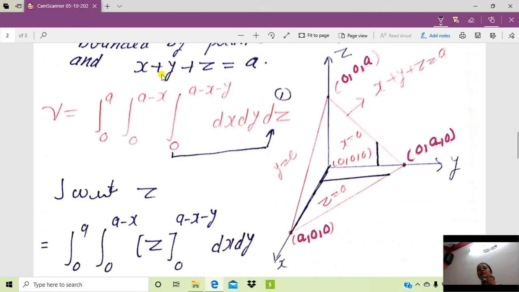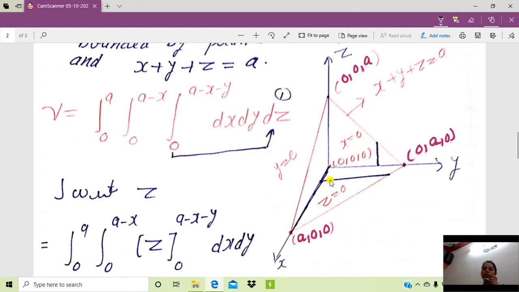In place of x and y, if we put 0, 0, then the value of z will be a. Therefore the next intersection is 0, 0, a. If we join them, this is the fourth plane, which is the plane x plus y plus z is equal to a. So we have a solid of tetrahedron shape.